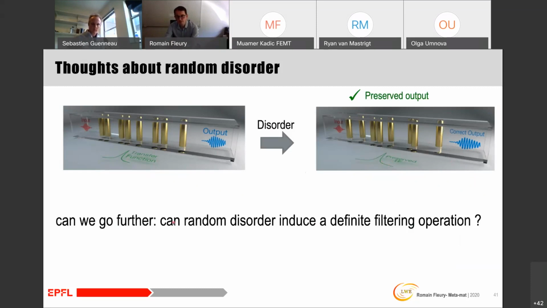Can random disorder, so a randomly chosen geometry, induce a definite filtering operation? Induce it. So I don't have it if I don't have disorder, and then I have it because I put some disorder in my system, some randomly chosen disorder. This would be very interesting for self-assembled systems.